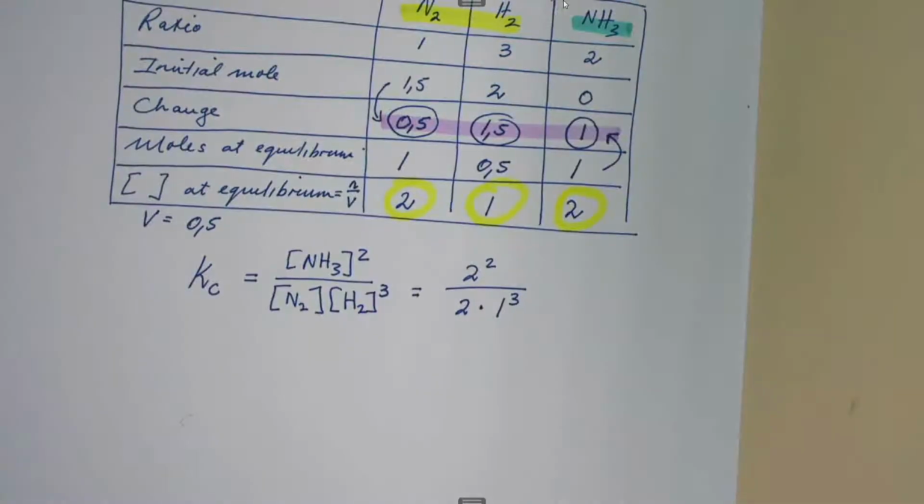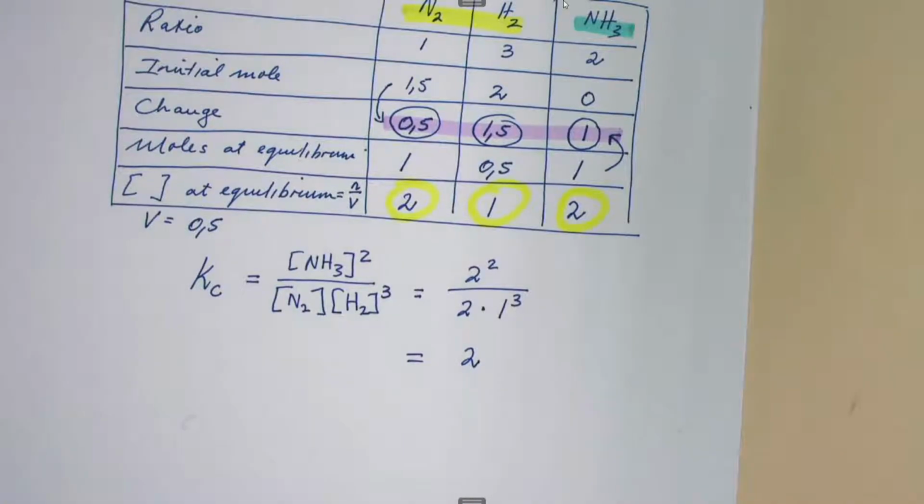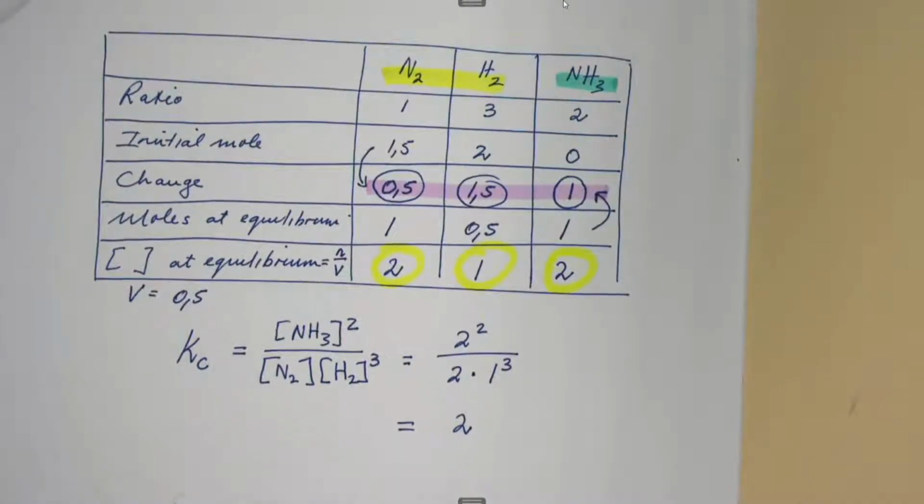Okay, and that's going to give me an answer then of exactly 2. There is my Kc value that I have calculated. And I've shown all my calculations, and for this you will get full marks, most probably about 6 marks at least. So I will really strongly advise that you work with a table. It makes your life really easy.